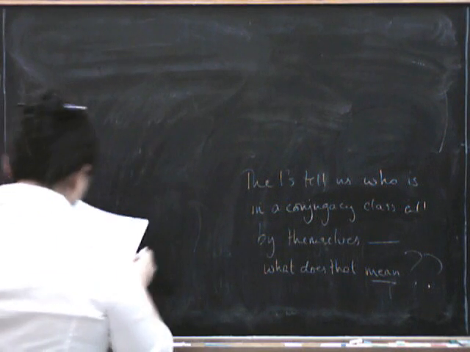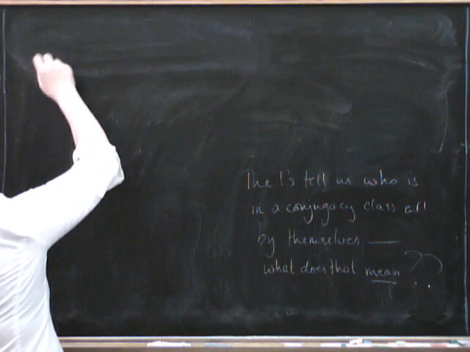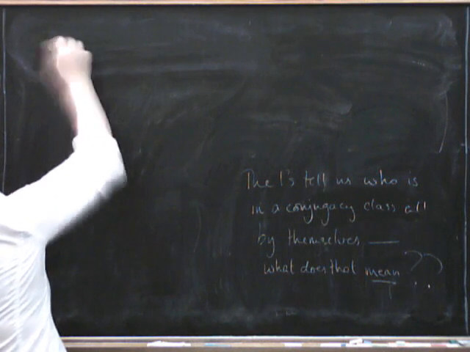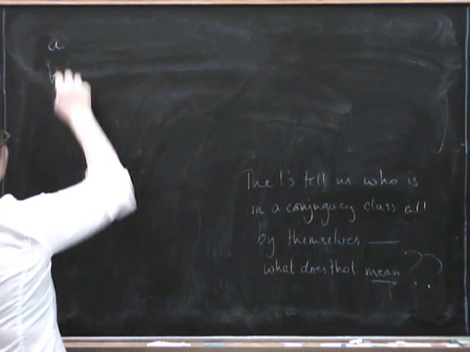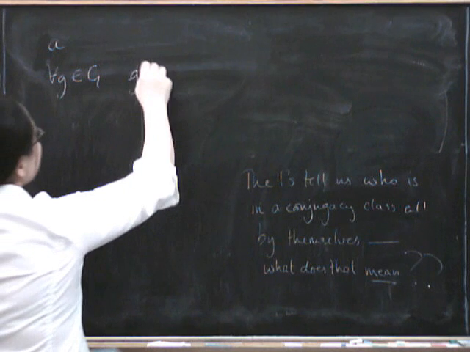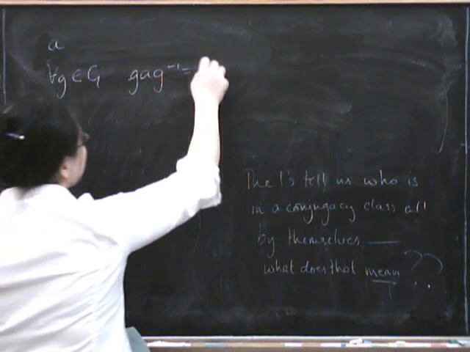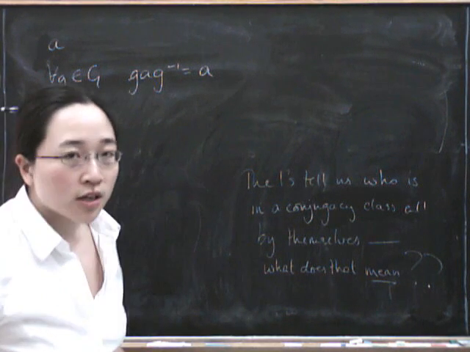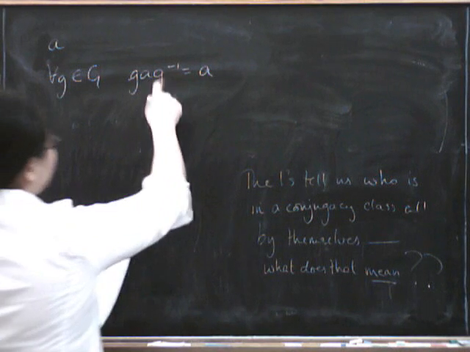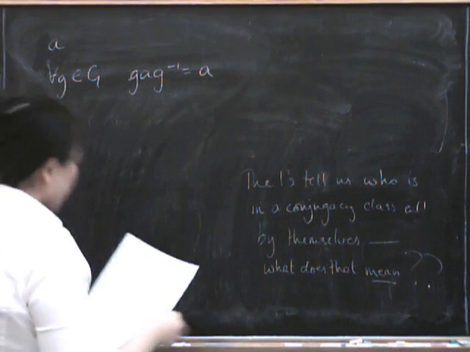Well, if A is in a conjugacy class all by itself, it means that for all g in G, no matter how much you conjugate it, you just get back to where you started. So this means that basically A commutes with every other element in the group.